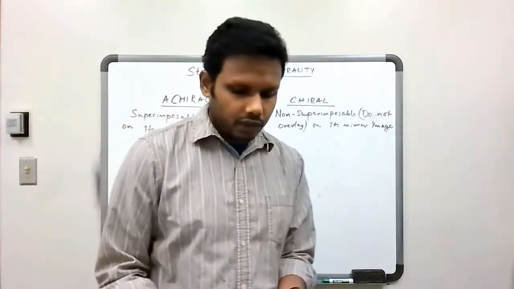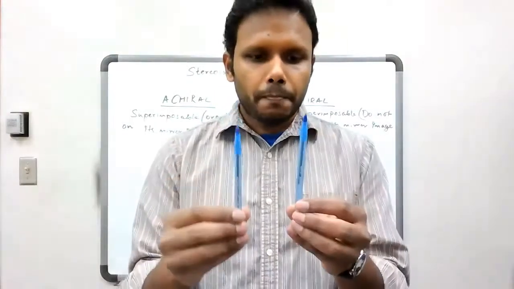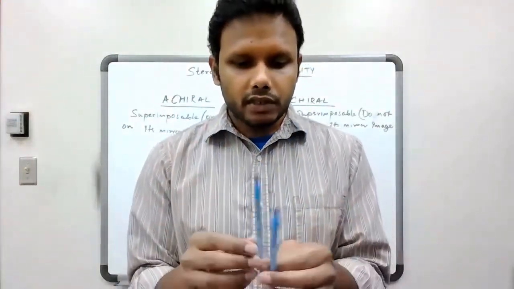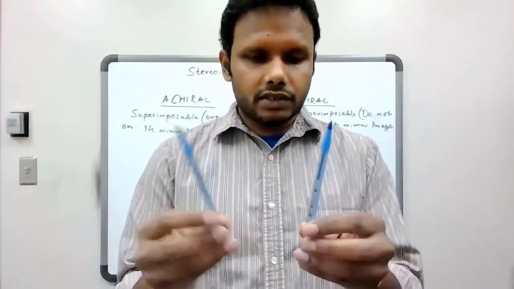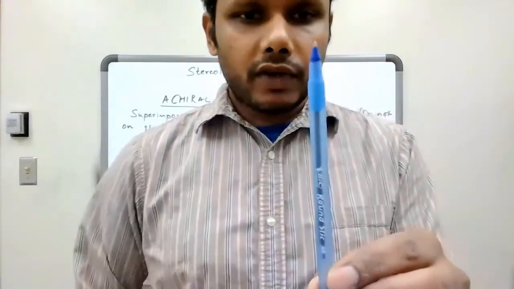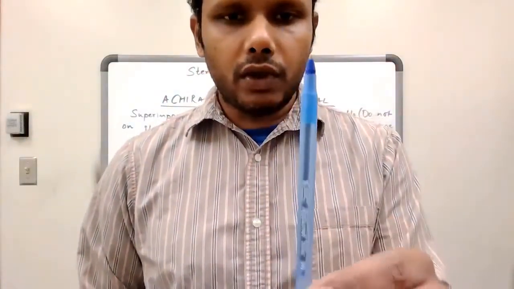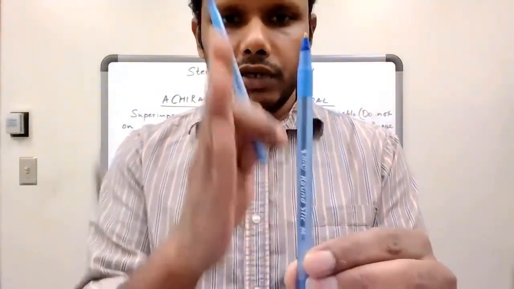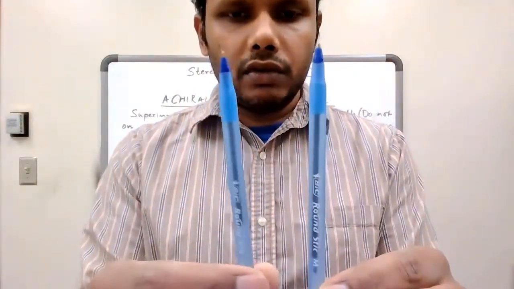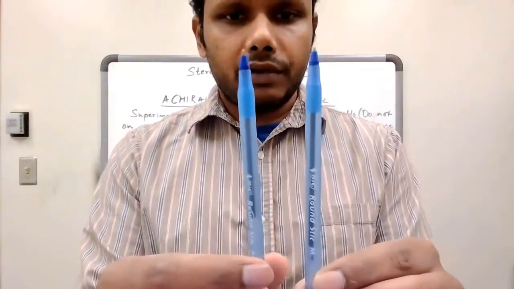Now I can bring these pens back. If I include the labeling, and the ink levels are clearly different, and I hold this object in front of an imaginary mirror, well, this is not its mirror image, clearly.